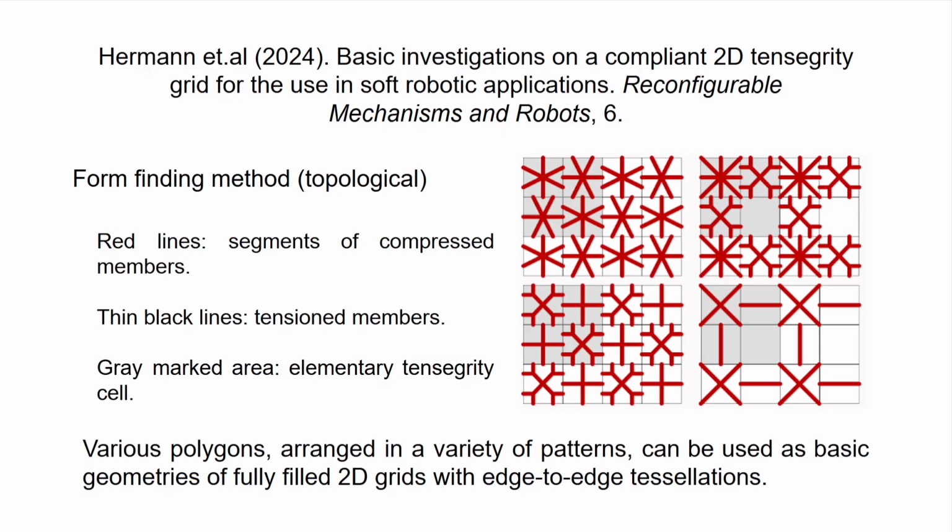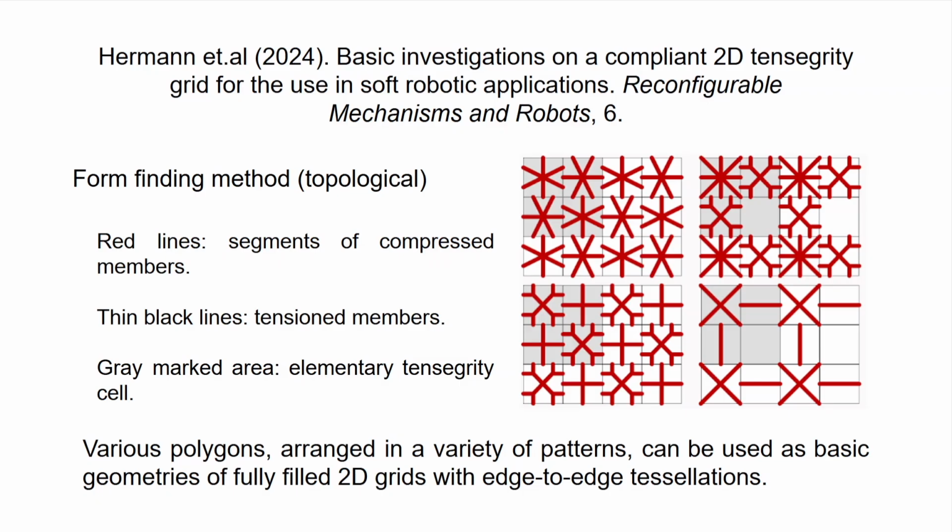You have these red lines, which behave under compression. The thin black lines between are the tension elements, and then the gray marked regions, these different cells, are the elementary tensegrity cells. I guess that means they're the stable tensegrity structures of the lot.